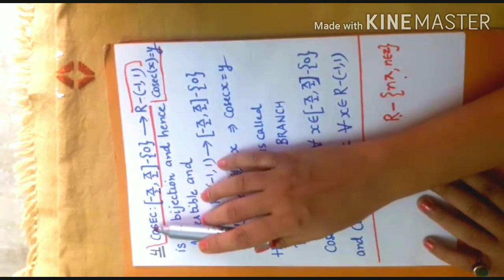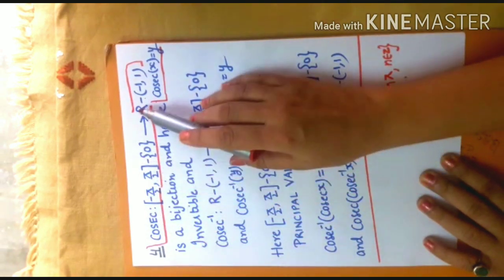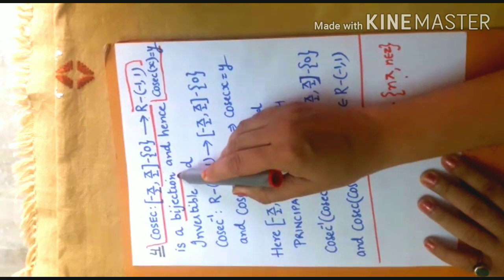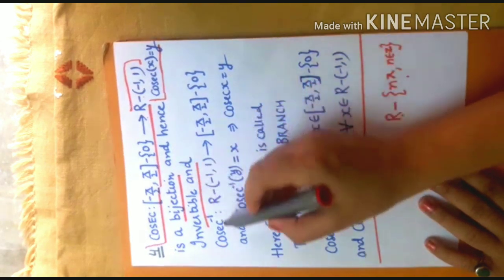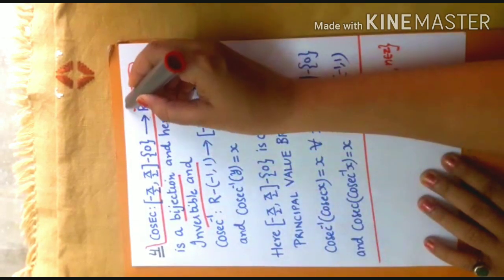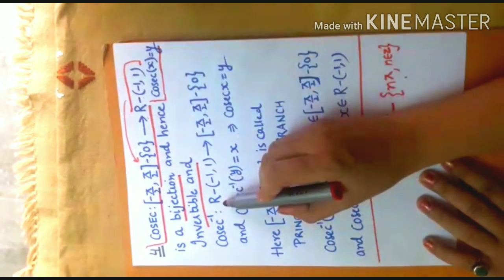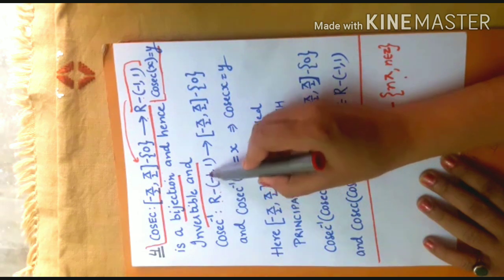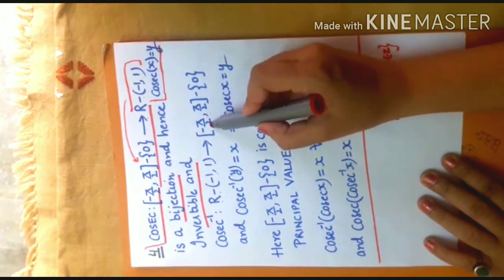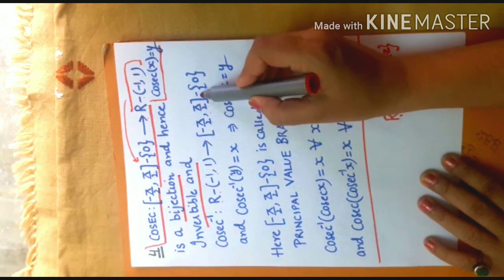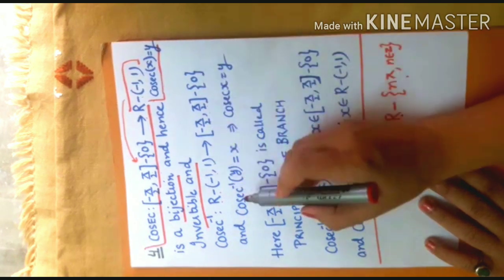Now when I define cosecant function from this to this, it is a bijection, that is both one-to-one and onto, and hence invertible. So cosecant inverse will be a function from R minus the open interval minus 1 to 1 to the closed interval minus pi by 2 to pi by 2 excluding 0.